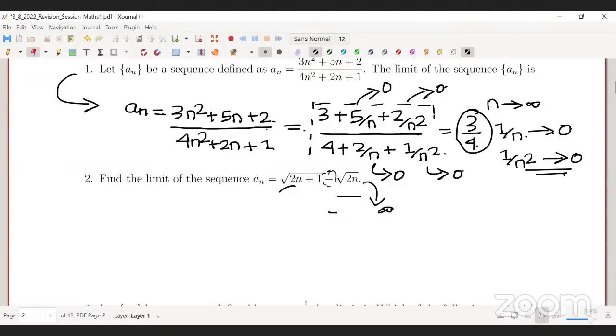So what will we do now? We'll try to rewrite this sequence in a nicer form. So this is my sequence.